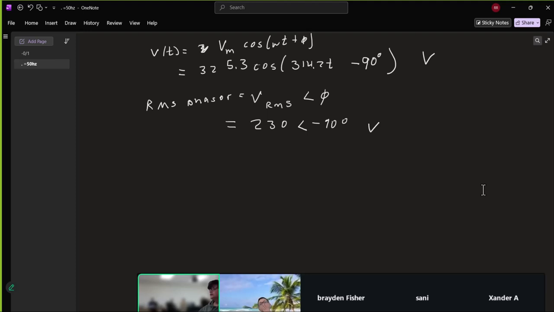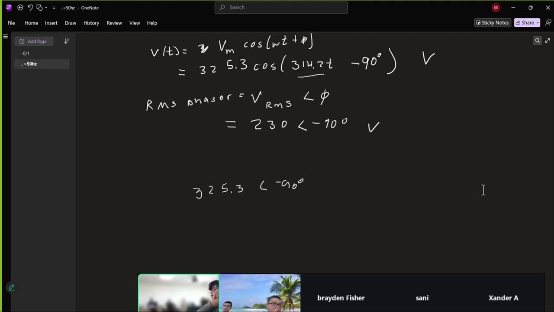So if I wanted to say what the max was, then I would write it as 325.3 angle negative 90 degrees. And that would be the phasor that corresponds with this one right here. This is the root mean square phasor that I wrote up here. This is the phasor that represents the maximum. And the information you lose when you do this is the frequency. So when you have it as a phasor, you don't have the frequency anymore.